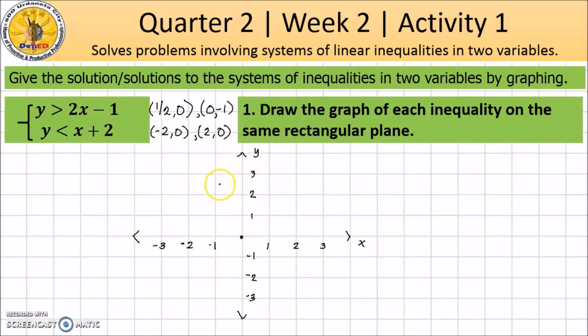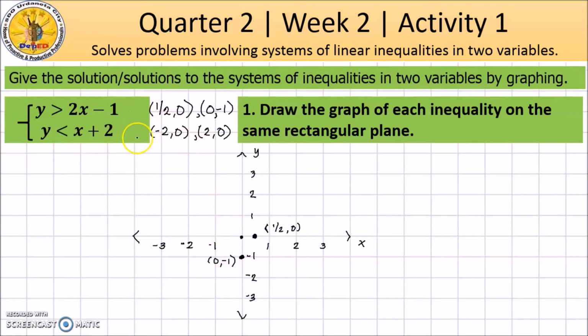Now, we're going to plot the following points. So for the first linear inequality, we're going to plot 1/2, 0. So we can find 1/2, 0 in this location. And don't forget to write also the coordinate, 1/2, 0. And for 0, negative 1, we have this location, 0, negative 1.